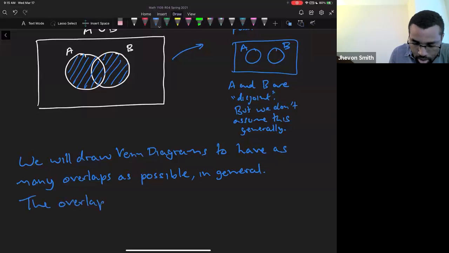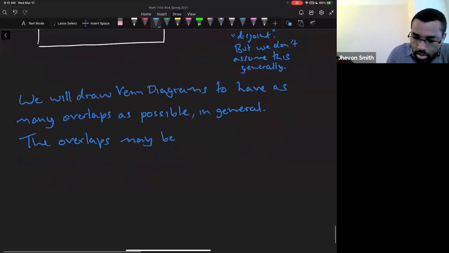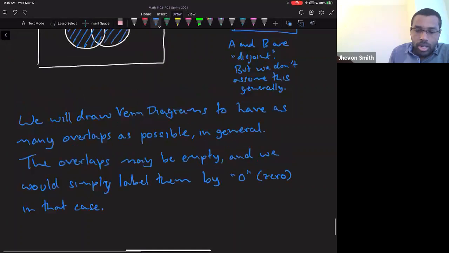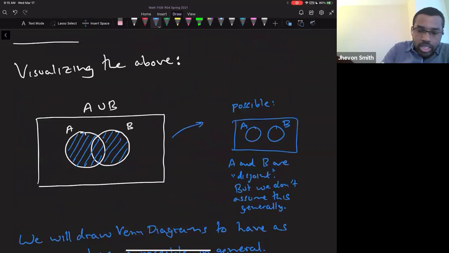The overlaps may be empty, and we would simply label them by 0 in that case. Okay, but that's how I would visualize the union.